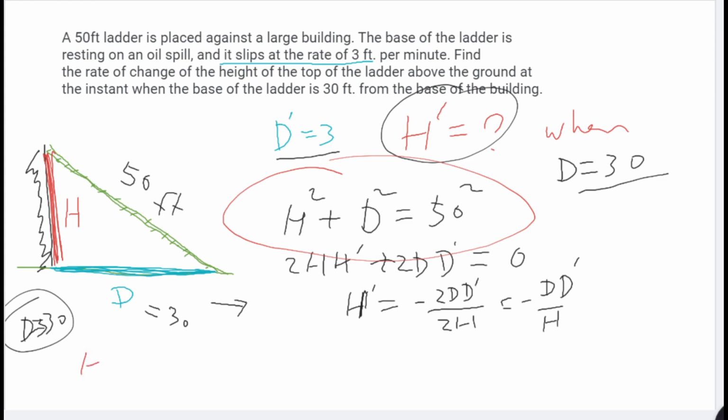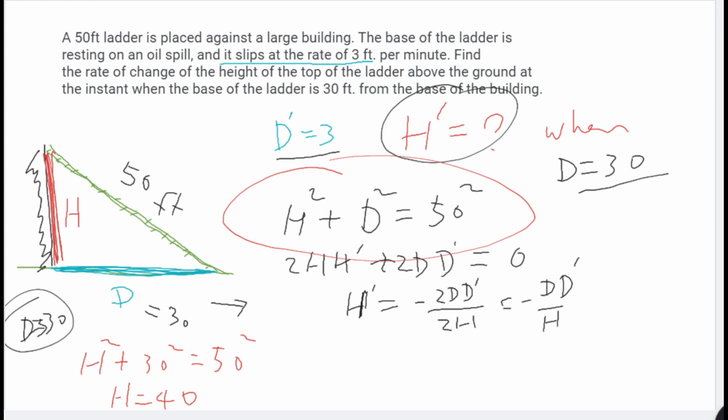Okay, so H squared plus 30 squared equal to 50 squared. And then we solve it. It's pretty simple. H will be 40. Move 30 squared to the other side, simplify, take the square root, it's 40.